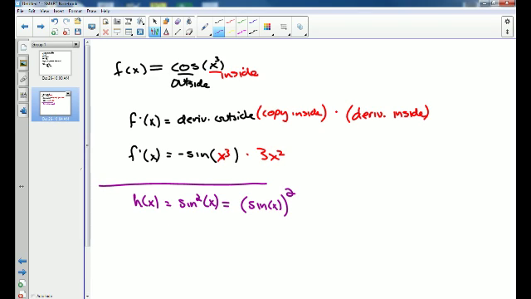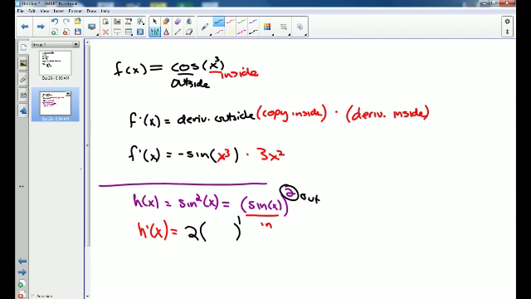How would you then do it? Outside, inside, correct. So the outside is what rule? Power rule. It's just an exponent. So I'm gonna bring it down. Copy the inside.